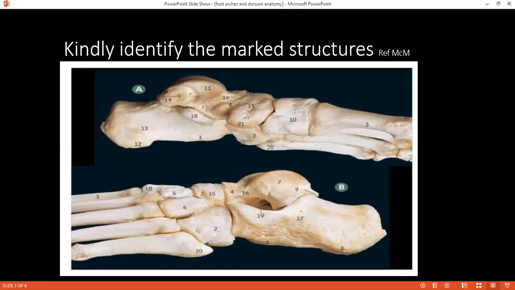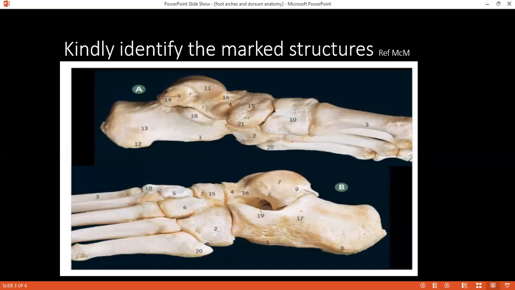The medial arch is supported by ligaments and muscles. The ligaments include the interosseous ligament, plantar aponeurosis, long plantar ligament, and spring ligament. In case of the lateral arch, the supporting ligaments include the interosseous ligament, plantar aponeurosis, and short plantar ligament.